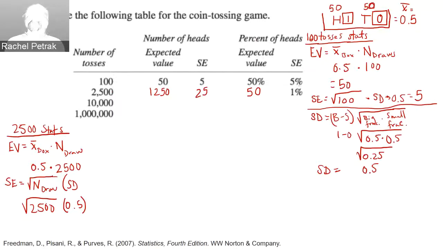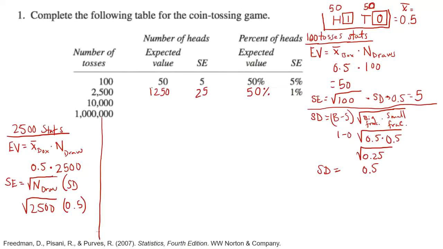It's the standard error as a percentage that changes. So the standard error as a percentage of heads is smaller as the number of tosses goes up. So let's just look at this one more time, because this process is important to feel very comfortable with.